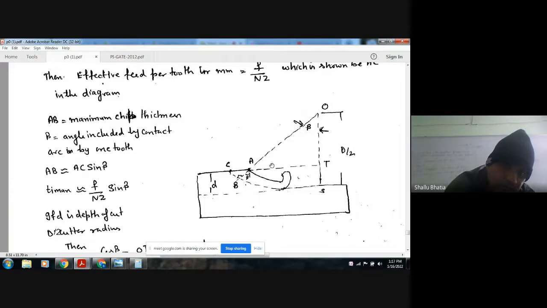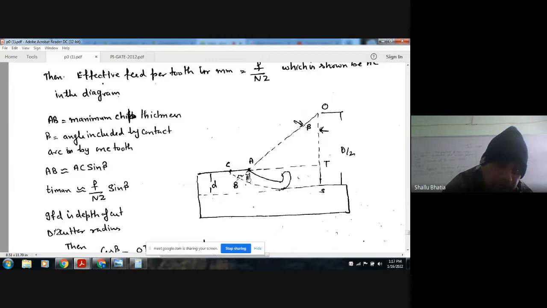So the cutter starts from here, cuts like this, and then goes to this. This is your feed per tooth, and this is the angle of the contact arc by one tooth. AB is nothing but AC sin beta, because this angle is beta.